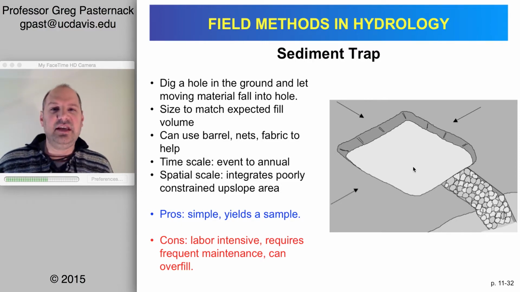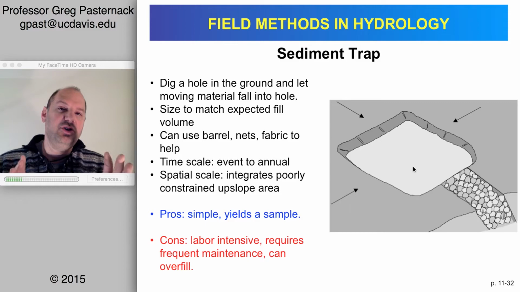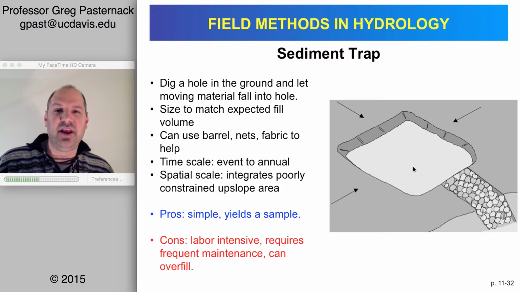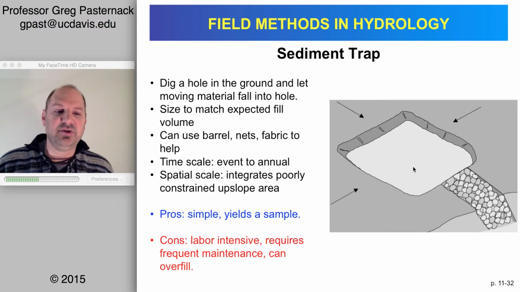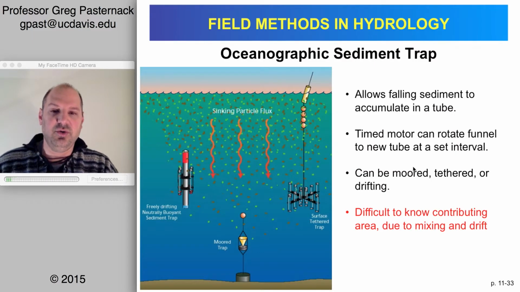I mean, you'll even see in a river where you're interested in like a debris torrent or bedload material, if it's a small enough stream, you could do like a V-notch weir installation with a trap upstream of that, because you're going to have like a pond there, so you can collect all of the material as well as record the discharge. It's just very labor expensive.